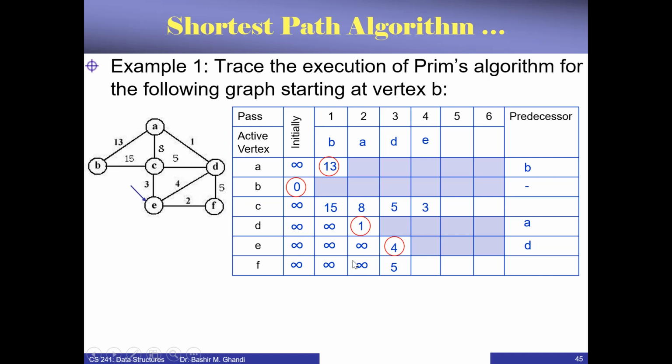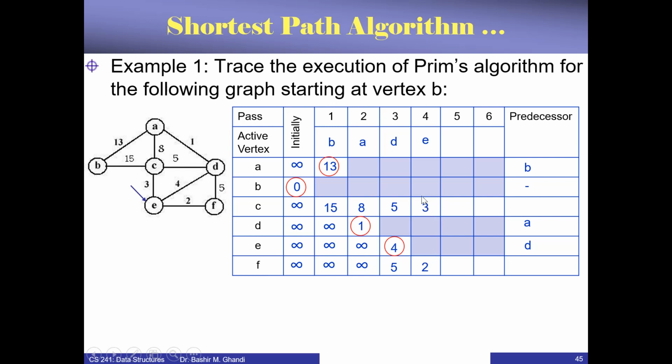So we're going to accept the new value because it's smaller. We can also reach F with a smaller value. The previous value was 5, so we're going to accept the new value, and those are the only two vertices left anyway. C and F are the only ones we are yet to finalize.